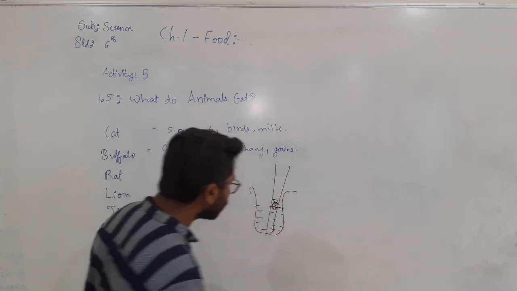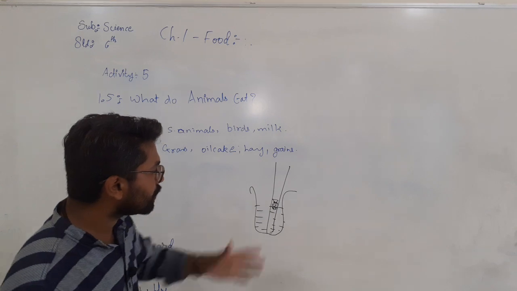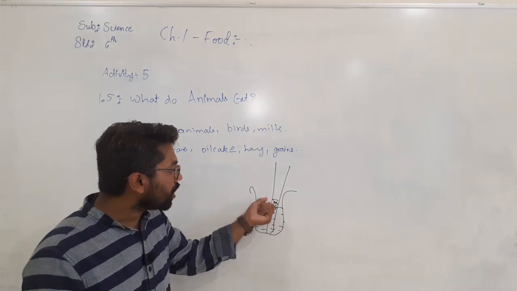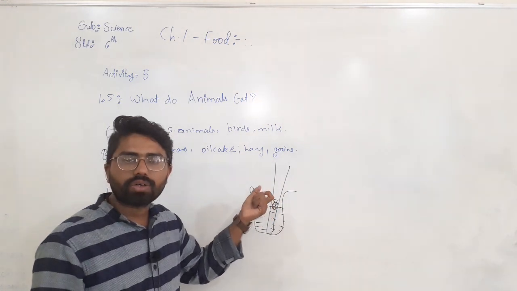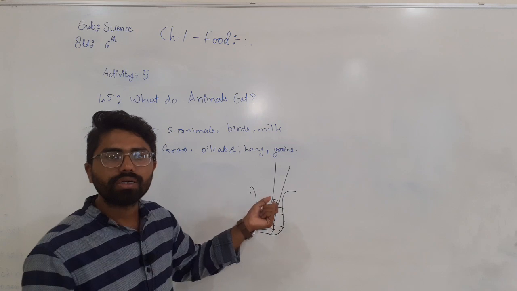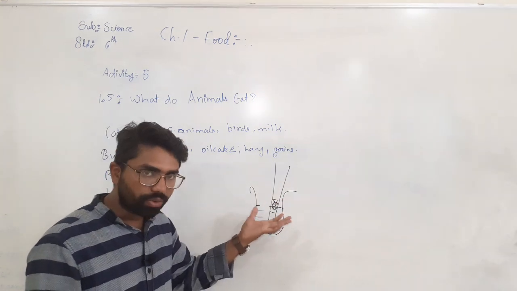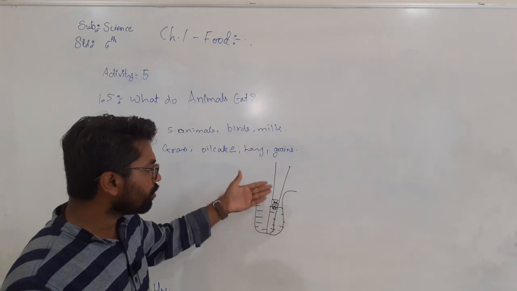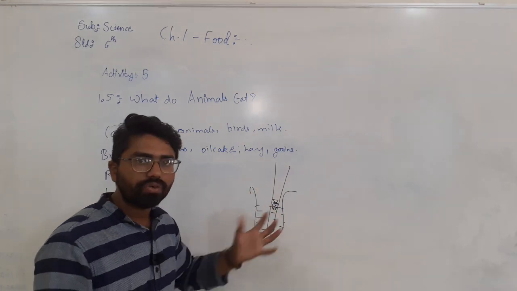Now what should you do? You should place the scale in such a way that some part of the cloth remains in water, and some part remains in the air, where there is no water, means in an open space. Some part should be dipped in the water.